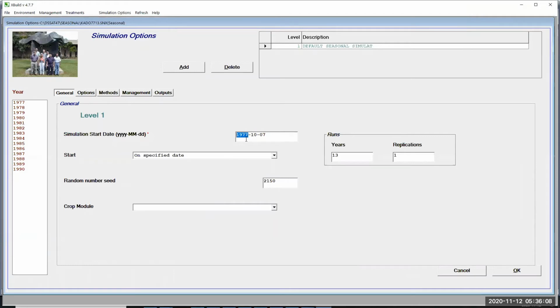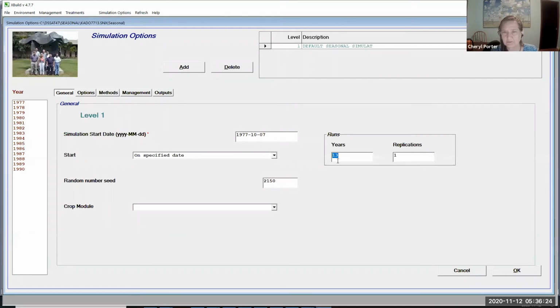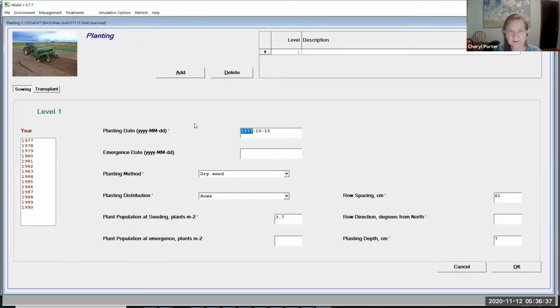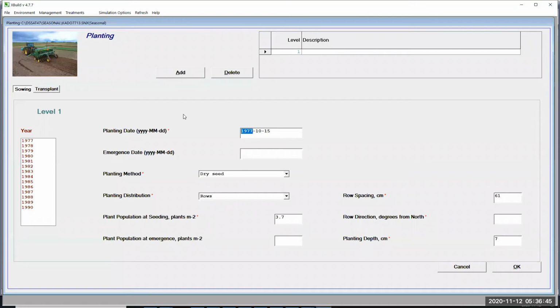And we're running now for 13 years, so there are 13 runs, corresponding to the number of years. Under management planting, I had to change the planting date to 1977.